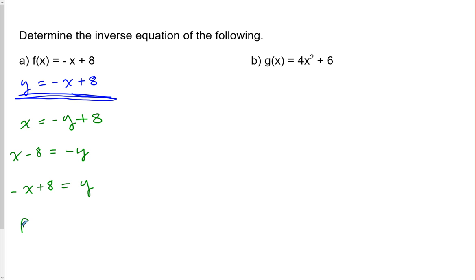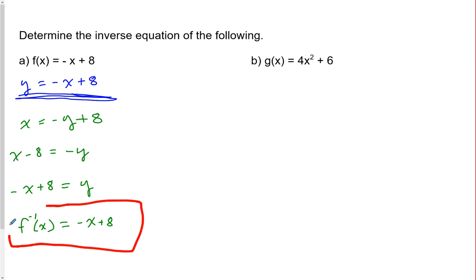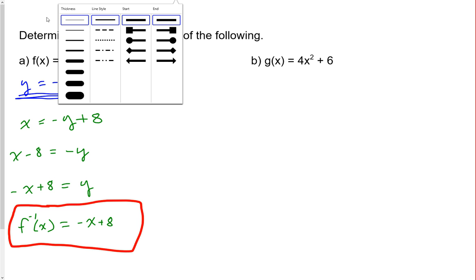Let's write it like that. You could have written this as 8 minus x. That's perfectly good as well. And we'll put a nice little box around that. So we've now found the inverse. So you show me that, yep, I got it. I found the inverse. Here's my final answer.